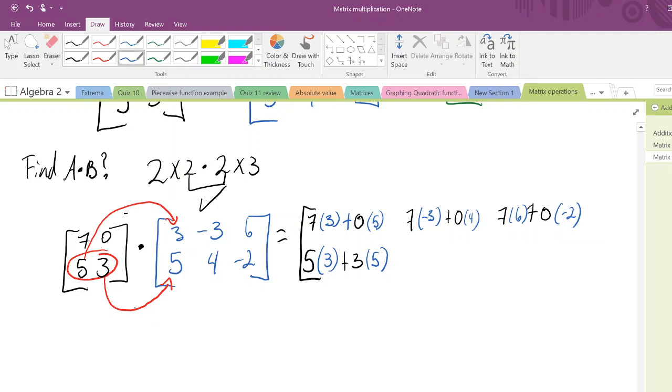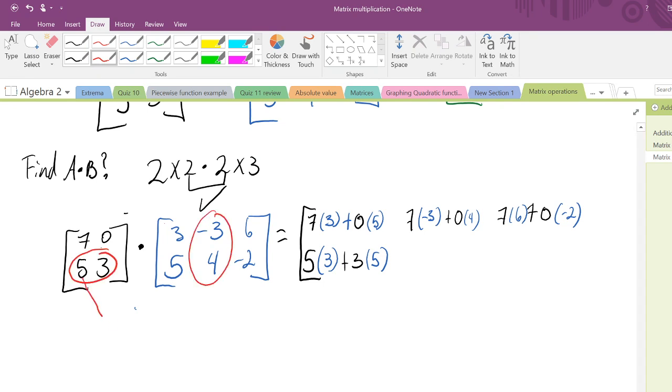Once I got that out of the way, I'm going to do this second row times the second column.